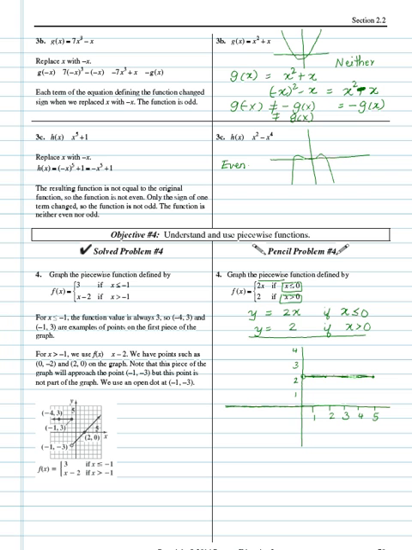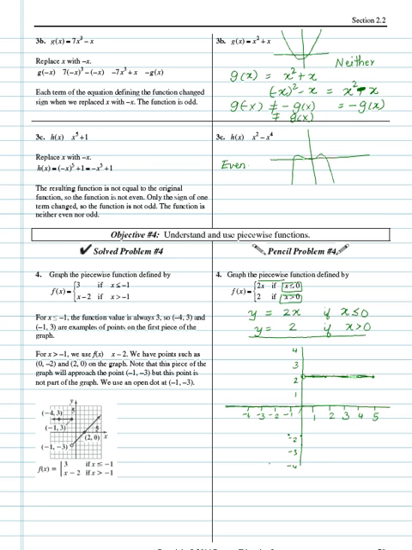Alright? Now less than 0. When it's less than 0, it's 2x. So that means when x is negative 1, negative 2, negative 3, negative 4. When x is negative 1, 2 times negative 1 is negative 2. So negative 3, negative 4. So 1 and negative 2, 2 and negative 4.